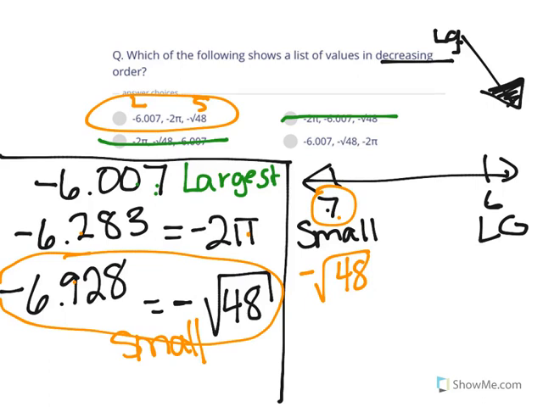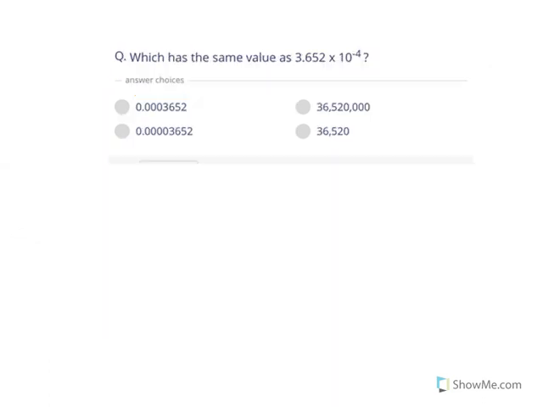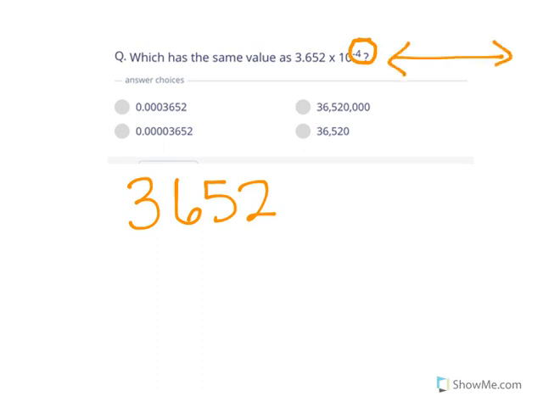Okay, I'm going to keep going. Number 8. Which has the same value as 3.652 times 10 to the negative 4? Remember our number line to help us.